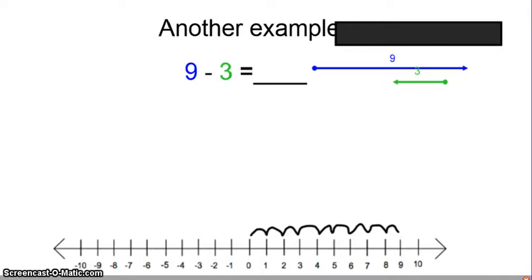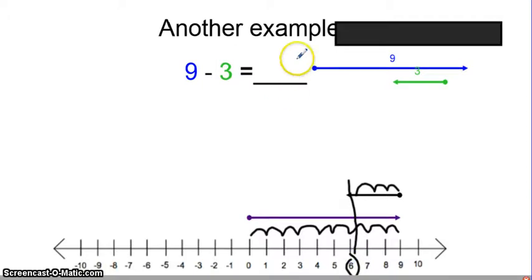So here we stop at 9. And when we stop at 9, we'll be going back 3 units. And when we go back 3 units, we'll actually be going back towards 0, remember, because we're taking away 3 units. We'll be going back 3, 1, 2, 3. And that'll bring us right to 6. So our answer will be 6.